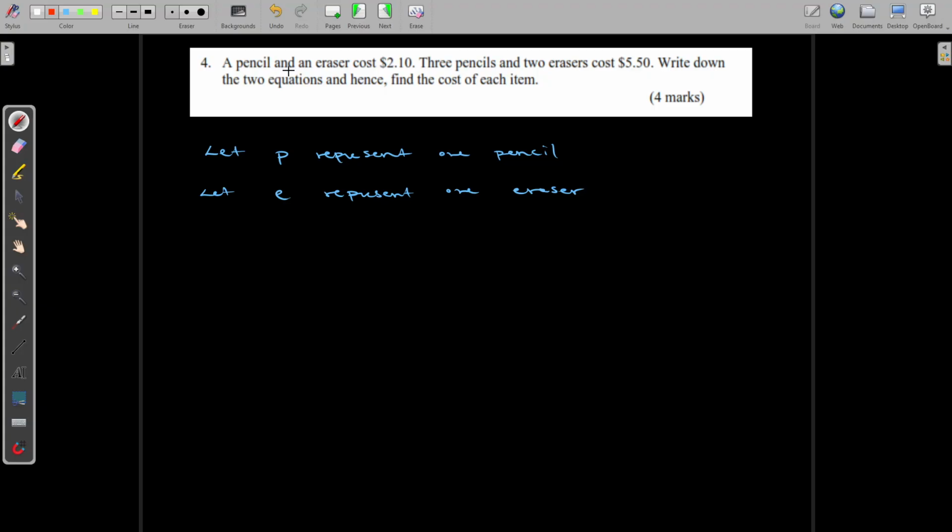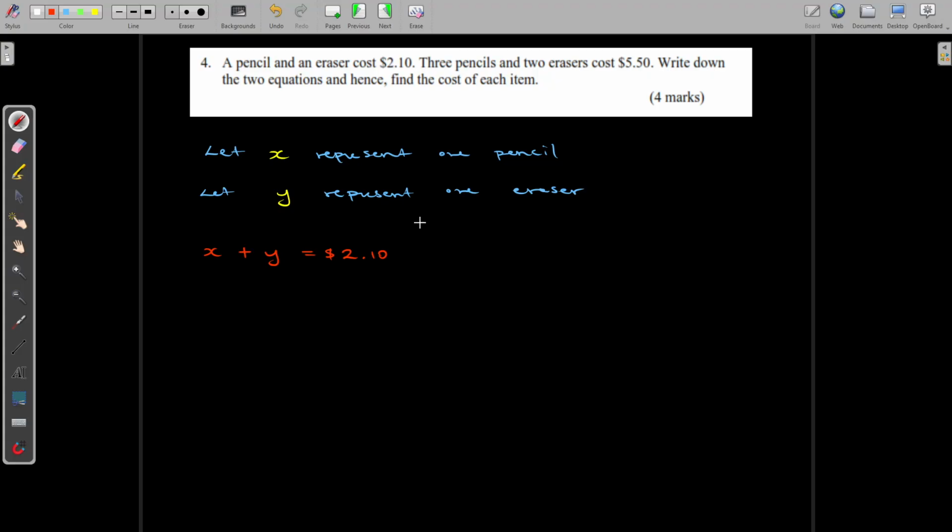So a pencil, and here is signifying addition. So a pencil, so that's 1p plus an eraser equals $2.10. And if you aren't comfortable using P and E, we could always switch these variables to x and y, something that you're used to. So let x represent the pencil and y represent the eraser. So x plus y equals $2.10.